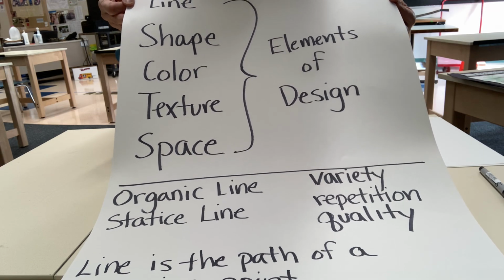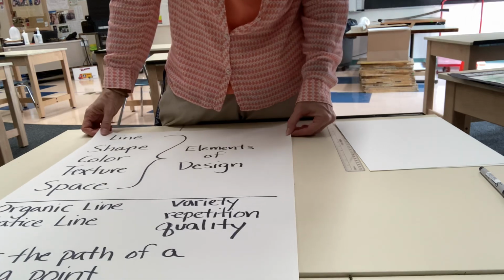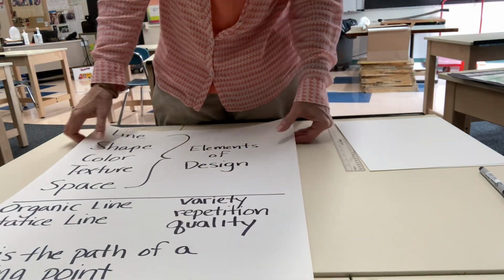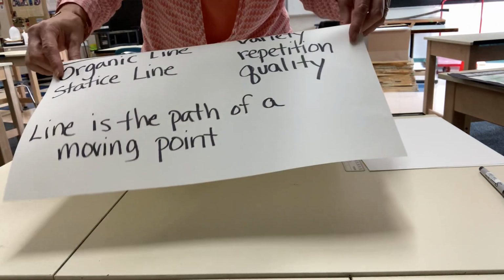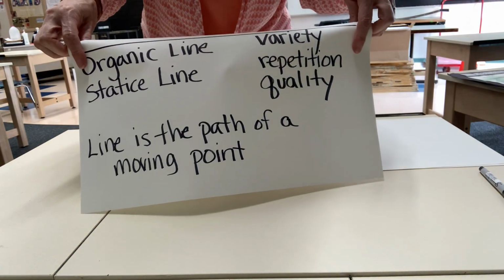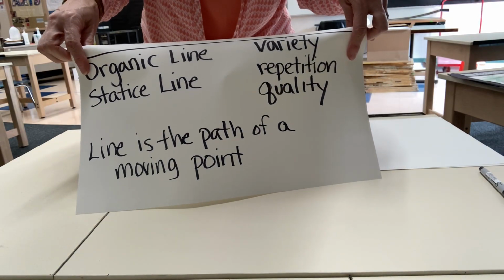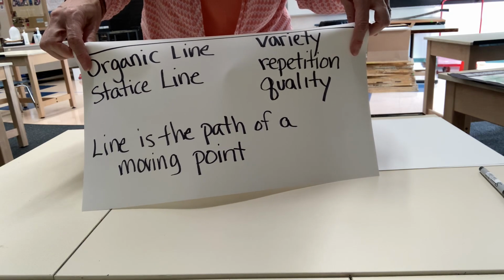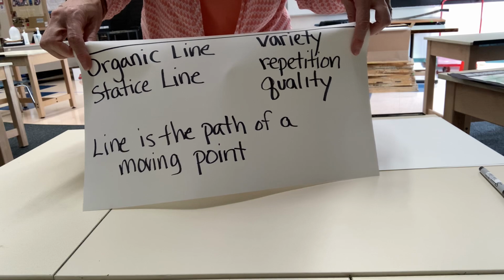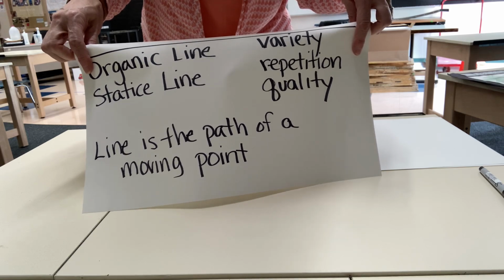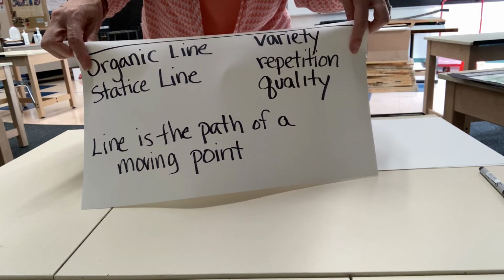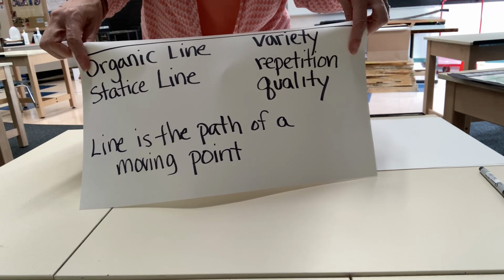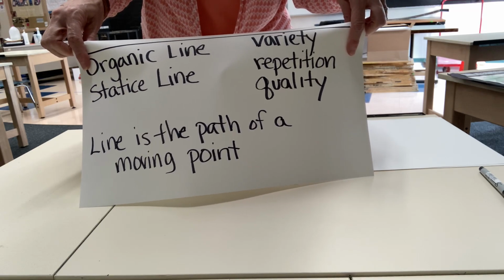Okay, so when we're talking about line, we're talking about line as the path of a moving point. So if you put a dot on a piece of paper and you drag it across the table, across the paper, you're going to create a line. In math, line segments have a beginning and an end.